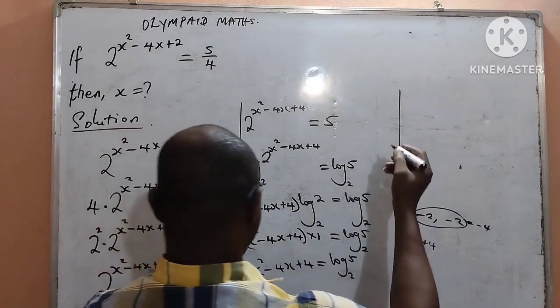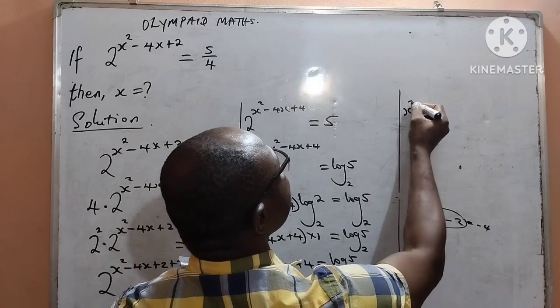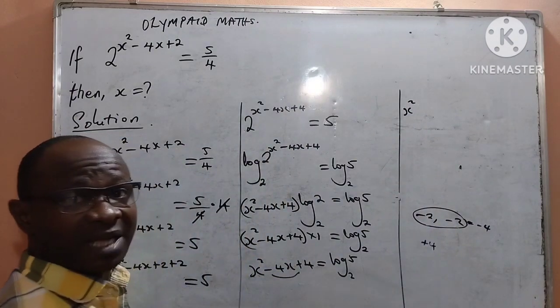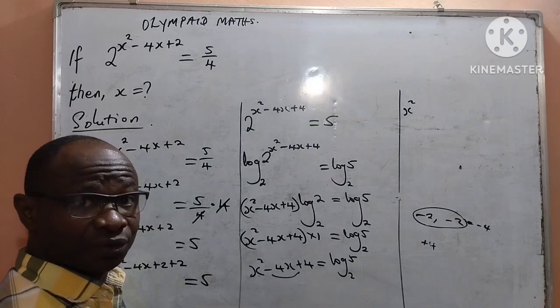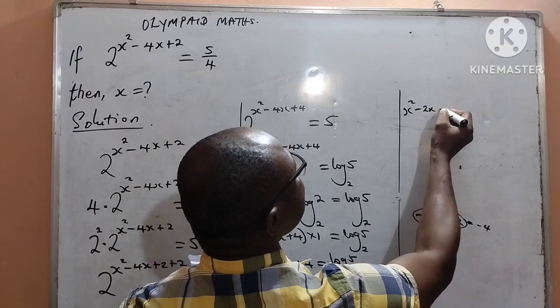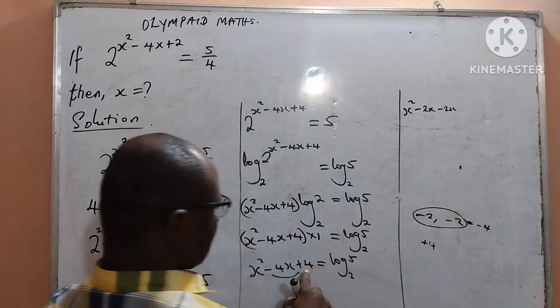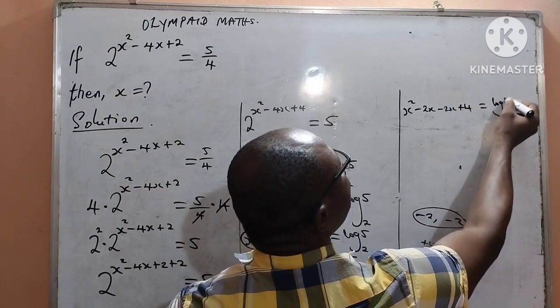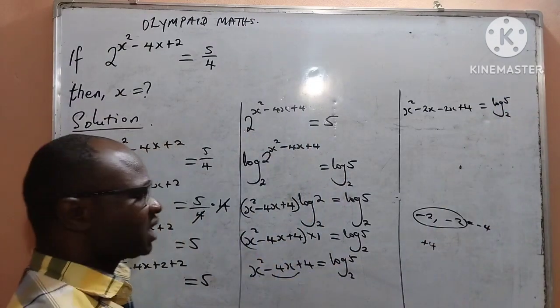Therefore, I have now x squared. I will now replace the middle one with the two numbers that I have found, negative 2, negative 2. So I now have minus 2x minus 2x, then plus 4 equal to the logarithm of 5 to base 2. See what I have done.